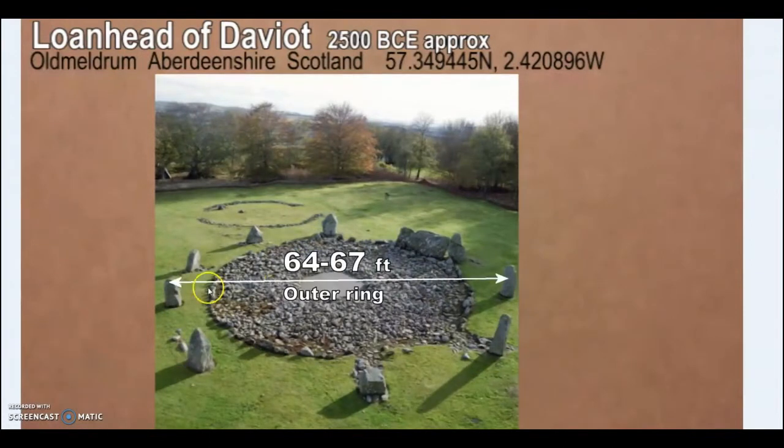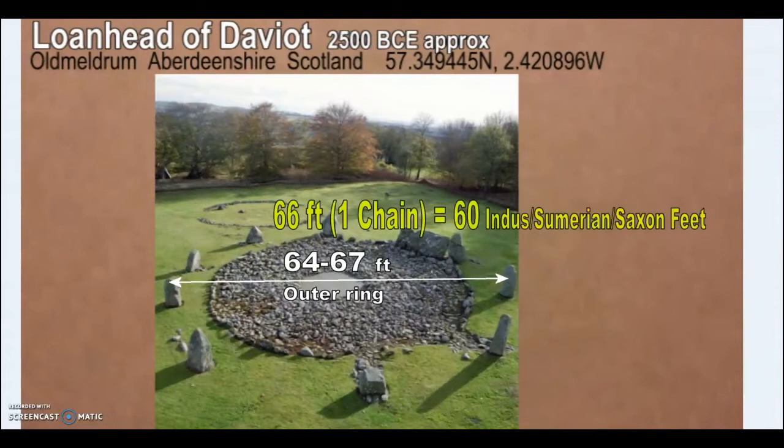Another interesting point is that, depending on which survey you use, you're getting somewhere between 64 to 66 feet. Again, that was covered in previous episodes. 66 feet reoccurs across time, across cultures, which is 60 Indus, Sumerian, or Saxon feet. And again, I'm just highlighting this.